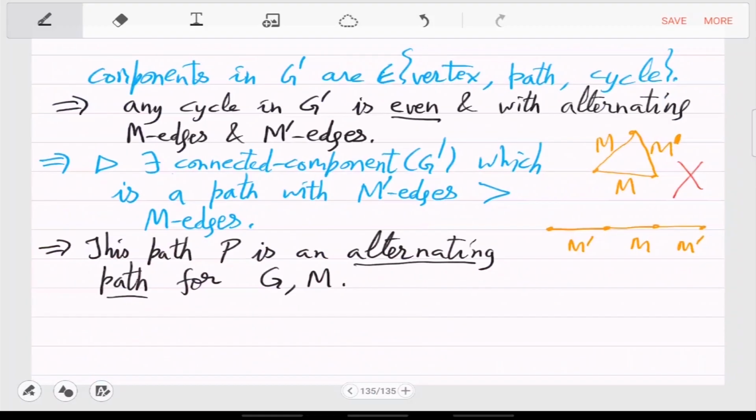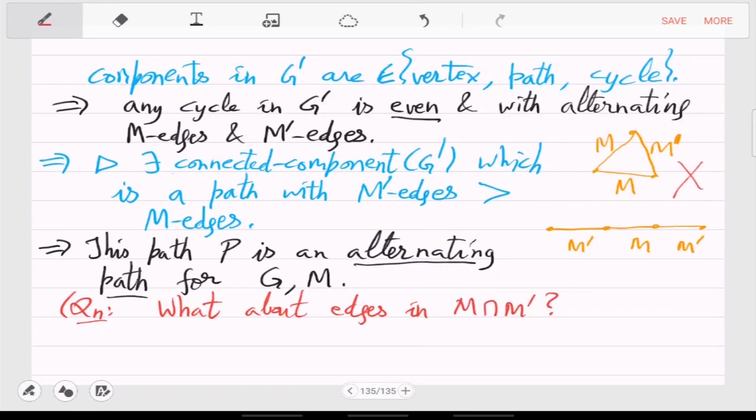To complete the proof, you can just take care of M intersection M prime, those edges that are common. And the remaining proof is the same.